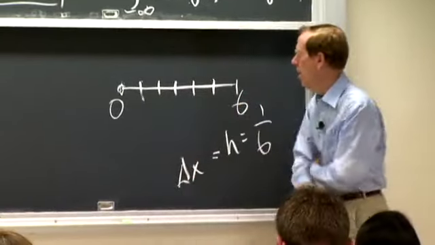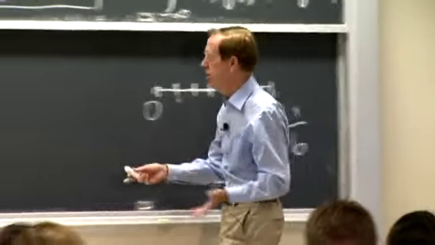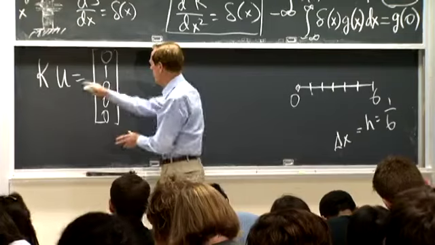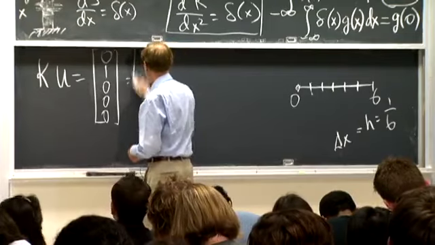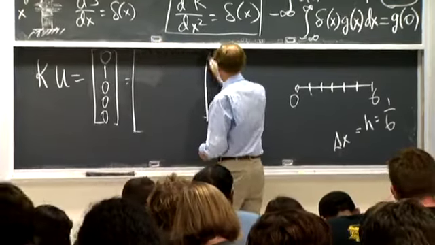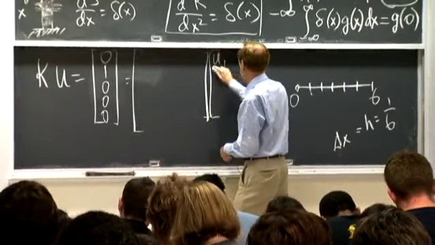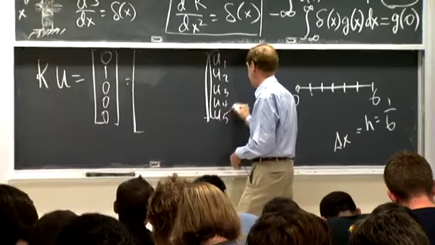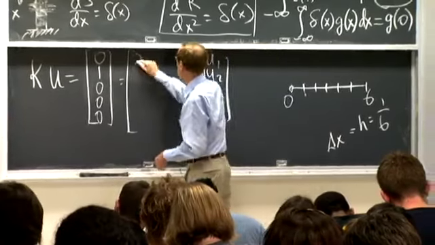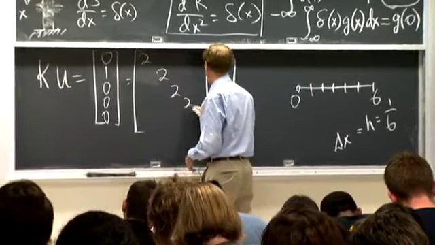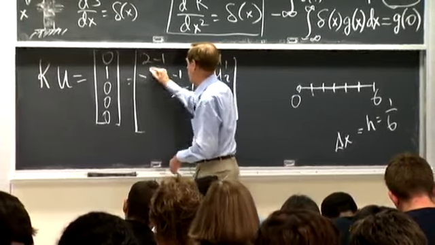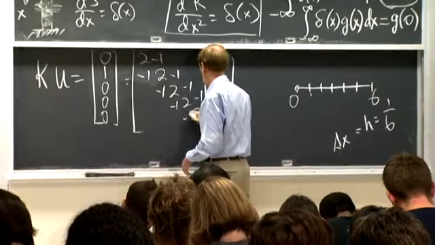And now, what does my equation say? Remember what K is. U is then U1, U2, U3, U4, and U5, the unknowns. K is our old friend with 2's and minus 1's and minus 1's.